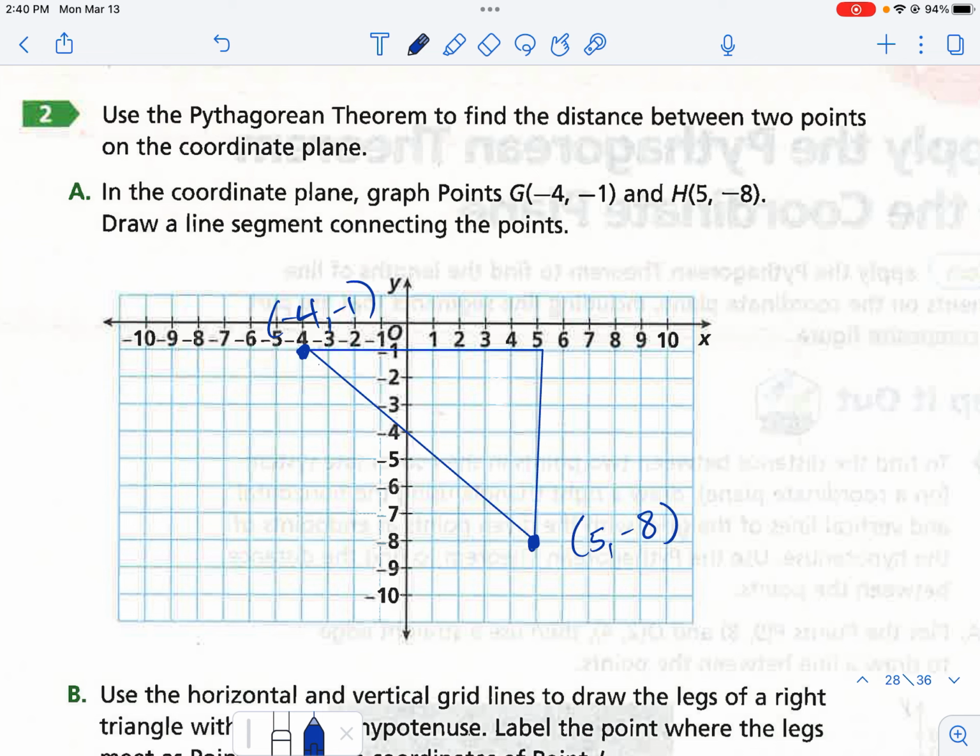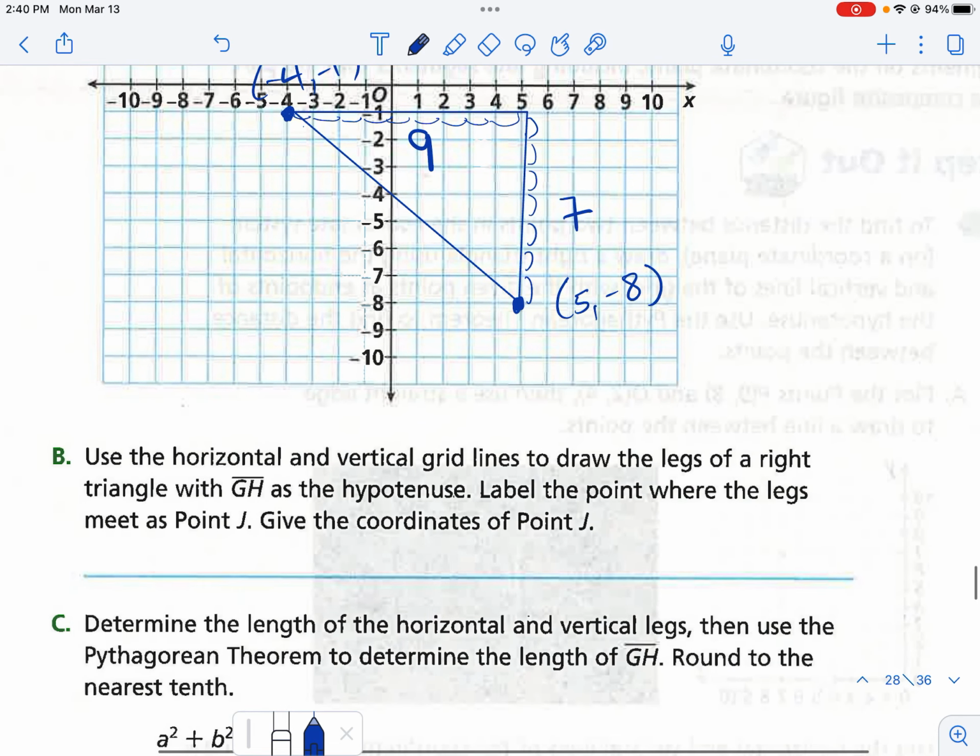Okay. So how far across is it? I'm going to go over 1, 2, 3, 4, 5, 6, 7, 8, 9. So this is 9 across. And this is 1, 2, 3, 4, 5, 6, 7. Okay?